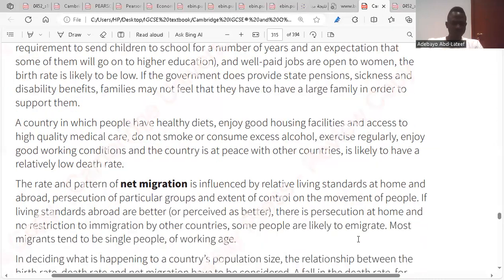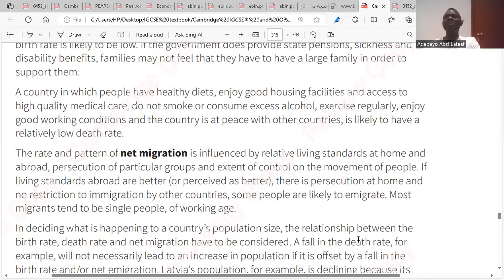Okay. A country in which people have a healthy diet, enjoy good housing facilities and access to high quality medical care, do not smoke or consume excess alcohol, exercise regularly, enjoy good working conditions, and the country is at peace with other countries is likely to have a relatively low death rate. So we talked about it already, the factors that could influence death rate: malnutrition, involvement in war and crime.